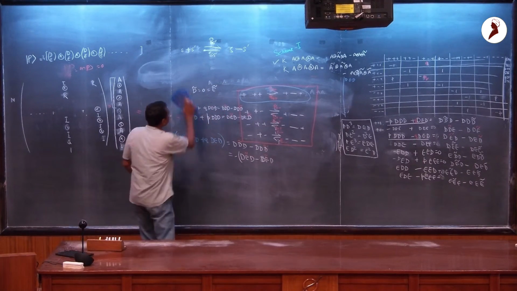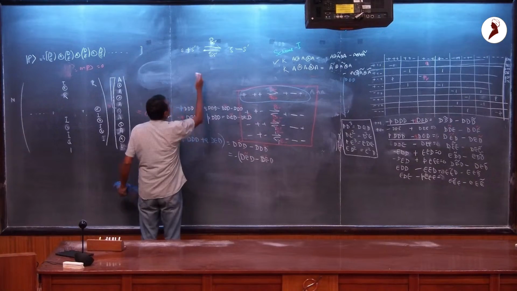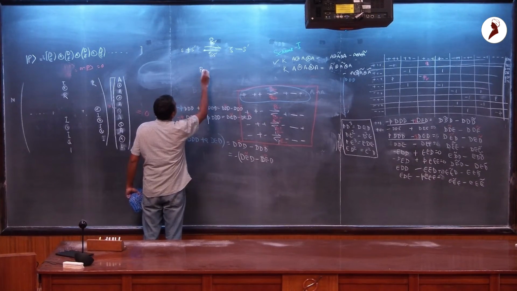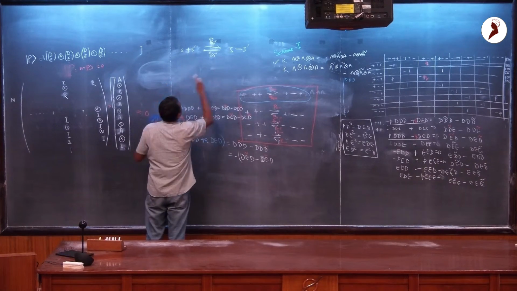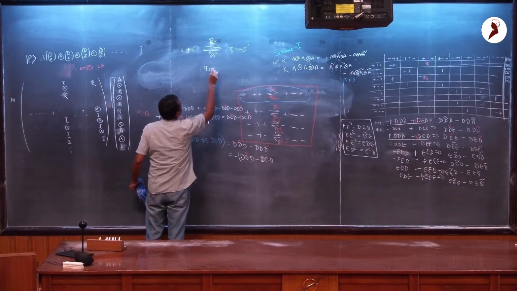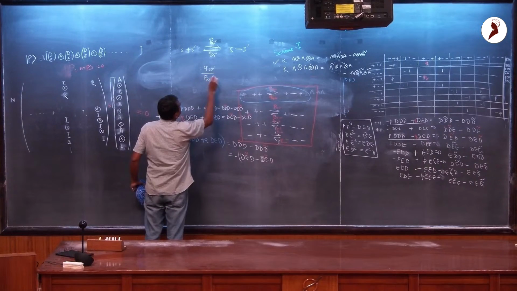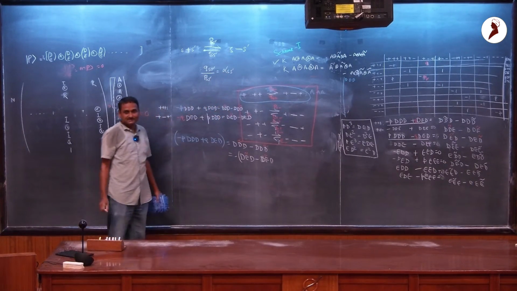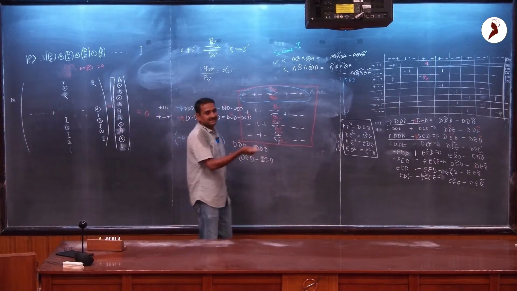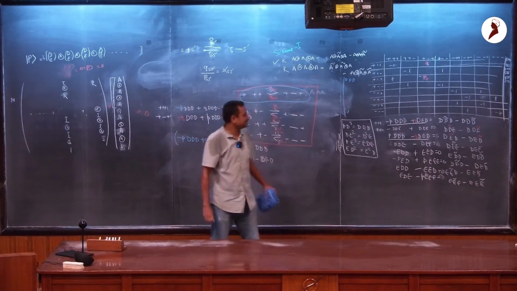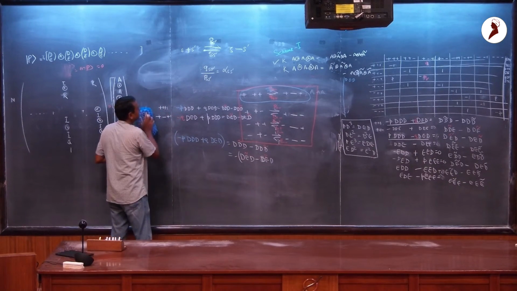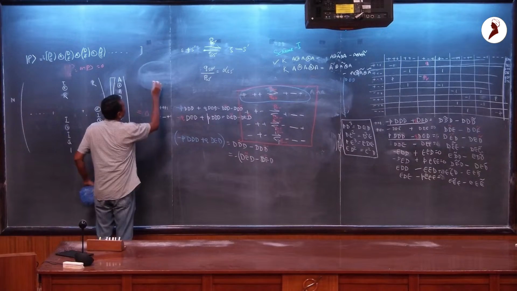And my definition is that Q SS prime divided by P SS prime equals alpha SS prime. So there is alpha plus plus, alpha plus minus, alpha minus plus, alpha minus minus.